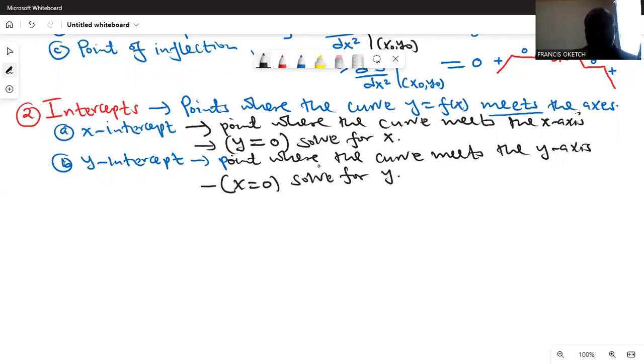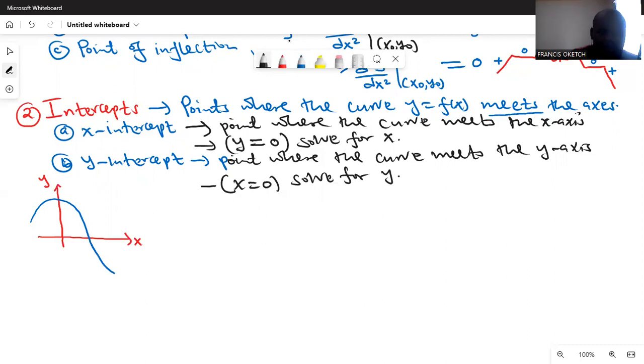Maybe let me sketch so that you see. If I have this kind of a graph, x, y, let's say my graph is like this, something like that.